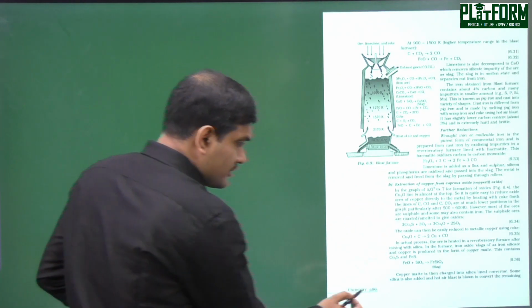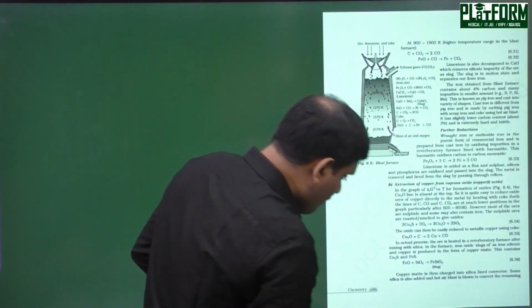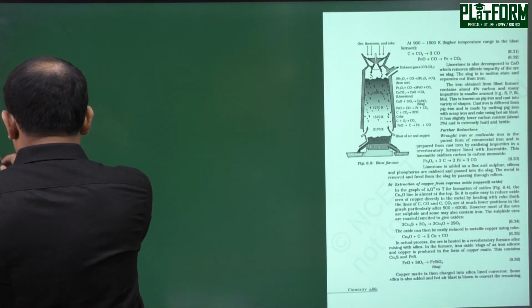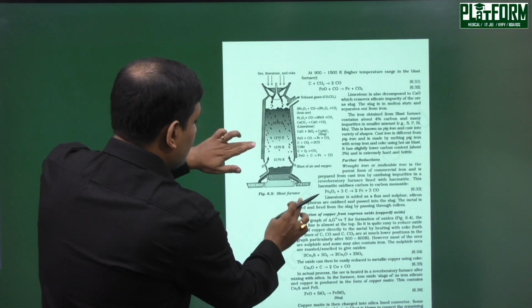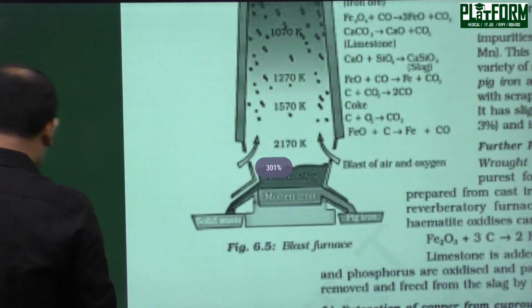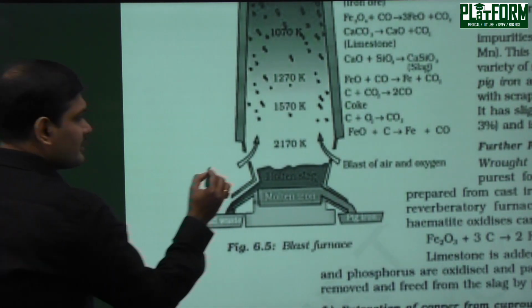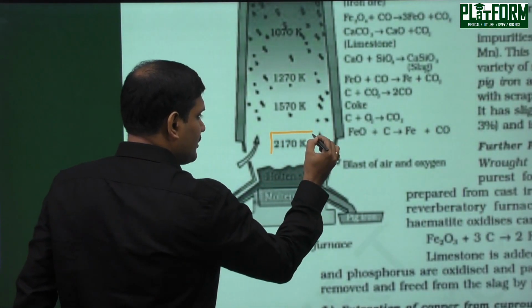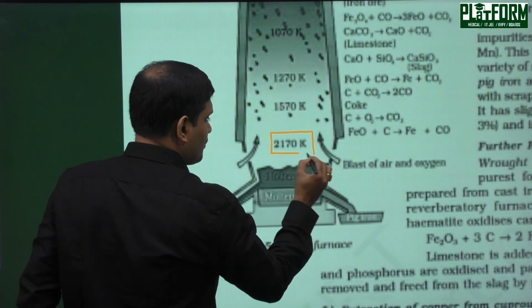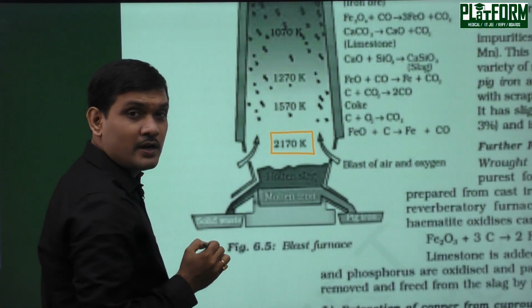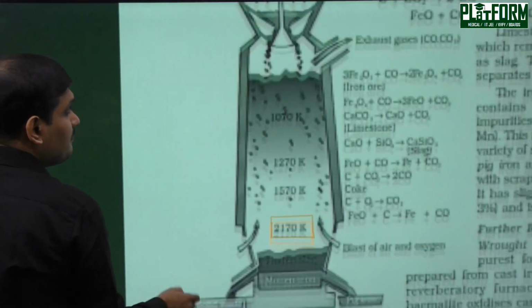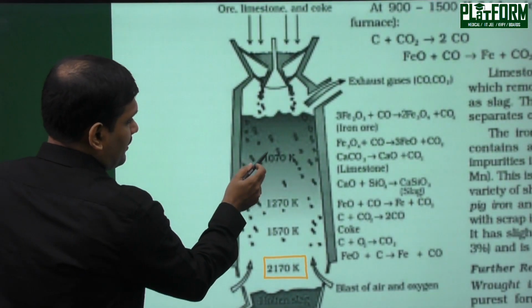I would go to discuss with this NCERT page. So it is NCERT page number 156. So follow up this diagram. If you go through this diagram, then in this diagram it is clearly indicated. The temperature will be highest in the lower portion, that is 2170 degrees centigrade, and the temperature will be minimum at the upper portion.